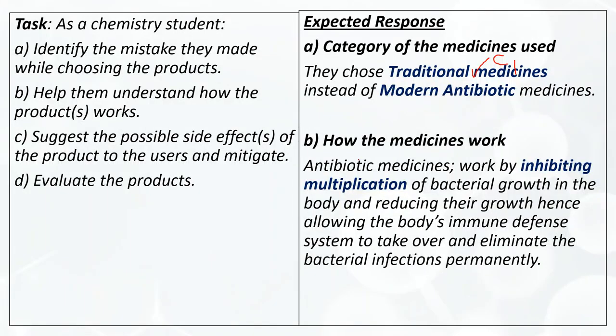So we are saying that the antibiotic medicine works by inhibiting the multiplication of bacteria in the body and reducing their growth, hence allowing the body's immune defense system to take over and eliminate the bacterial infections permanently.